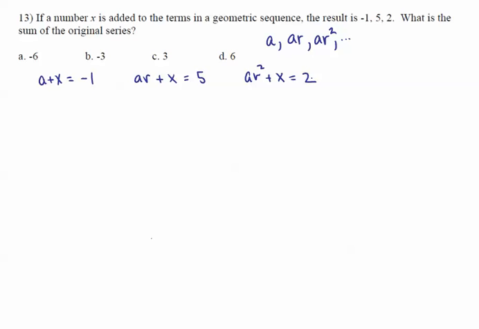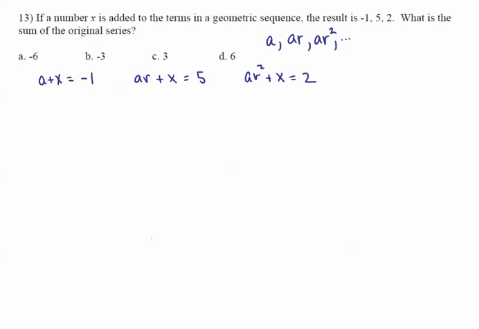So what you have here is three equations with three unknowns. We need to solve this system of equations, and then we come up with the initial values for a and r, which we can then plug into the original sequence and find the sum of those three terms.